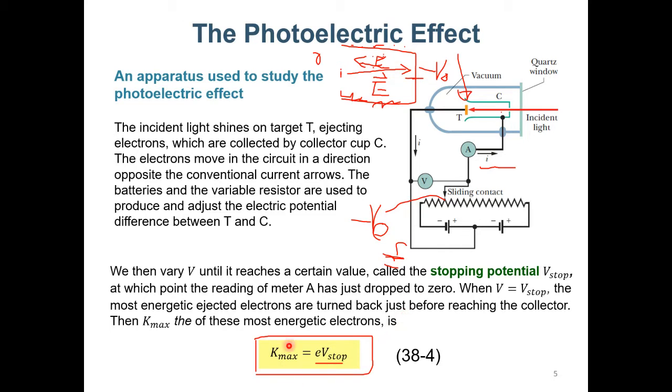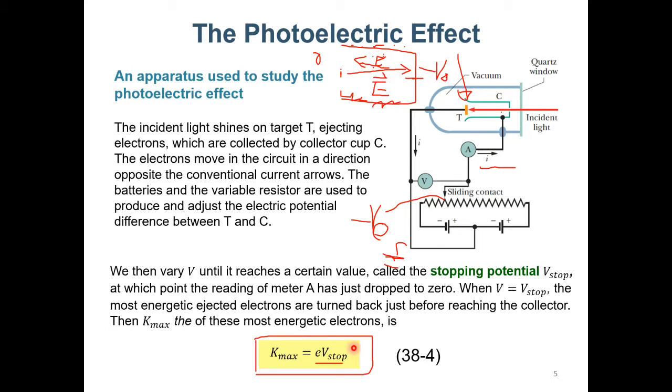Oh, Kmax means the maximum kinetic energy of the electron. This is what it defines here, but it is just a notation. It doesn't really matter.